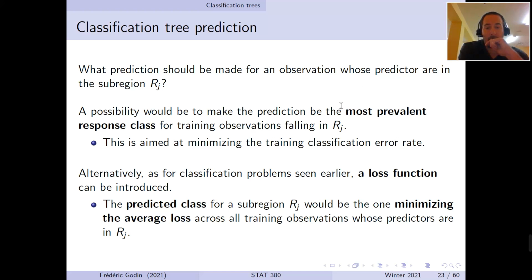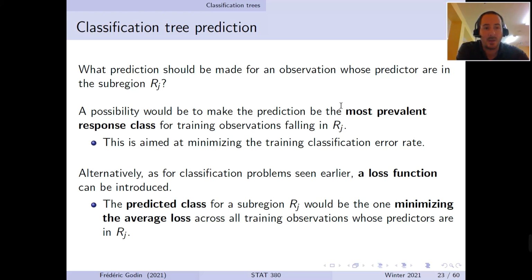Before discussing these metrics, there's another difference that we've discussed a bit in the previous video, which is that when we divide the predictor space into various subregions, then to form a prediction in one subregion in a classification setting, we cannot average responses because responses are qualitative.